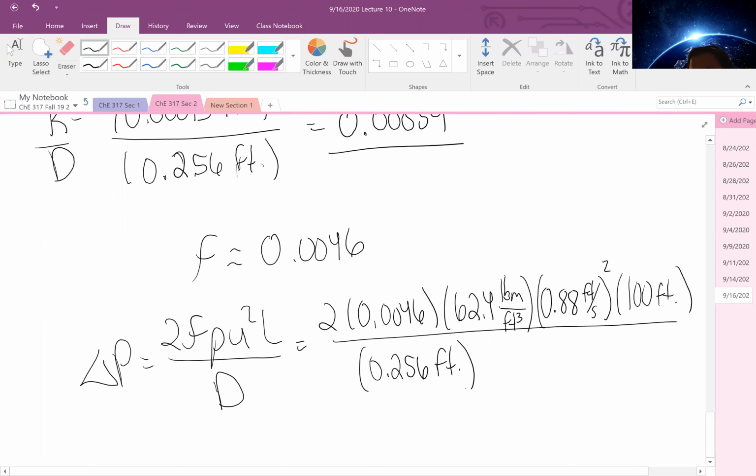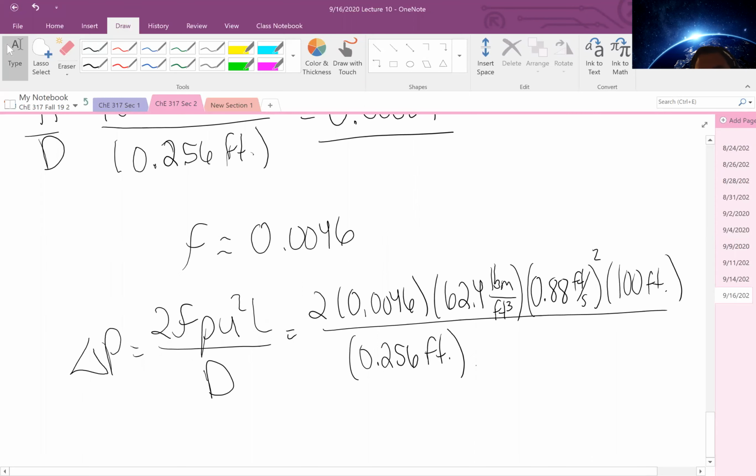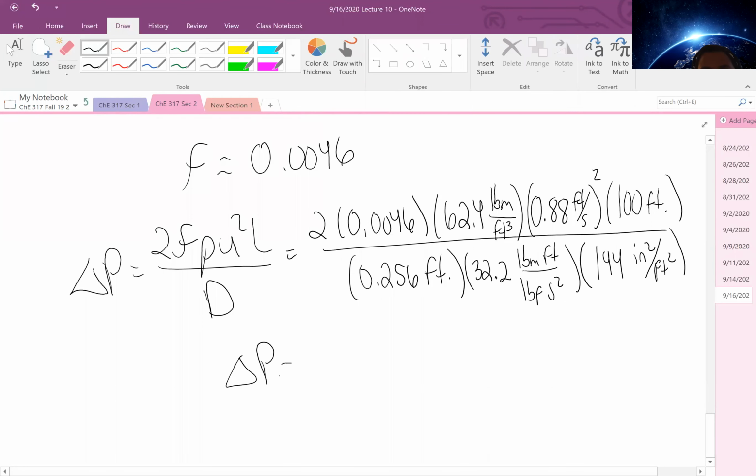Now to get it to psia, we also have to divide by g sub c, 32.2 pound mass feet per pound force second squared, and then we also have to divide by 144. If we do that, we should get a pressure drop of approximately 0.05 psi, which isn't too terrible at all, keeping in mind it's only about 100 feet.